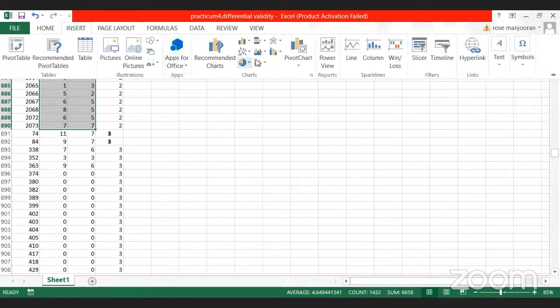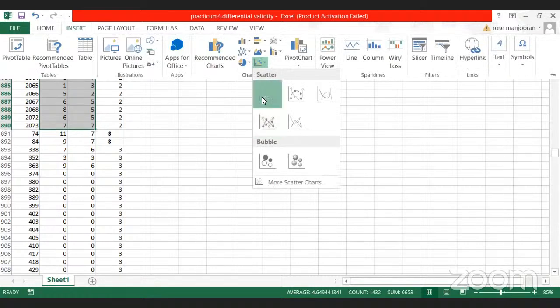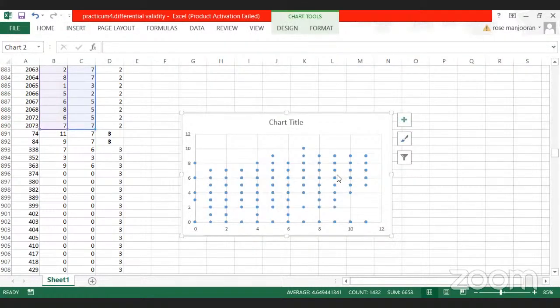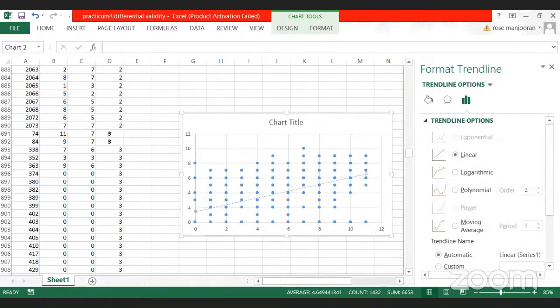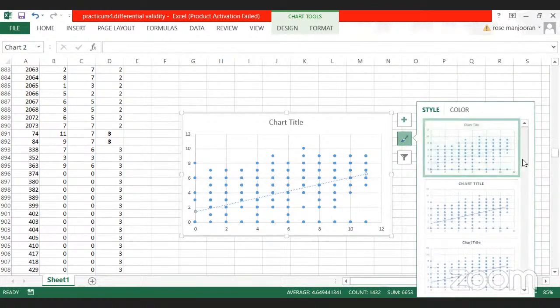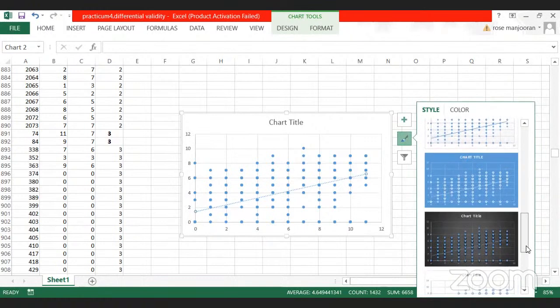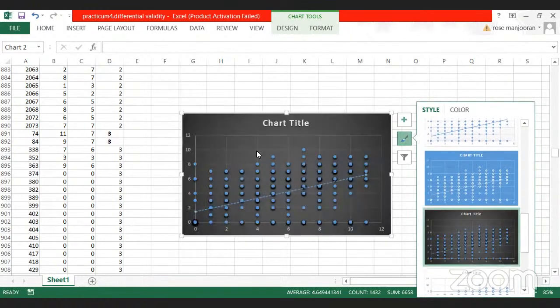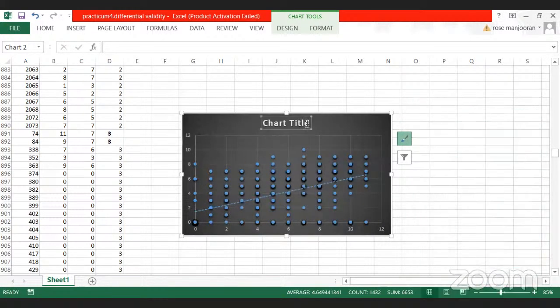Then insert again, go to scatter, then click on a point, trend line, linear, then change the background. So this will be caste 2.